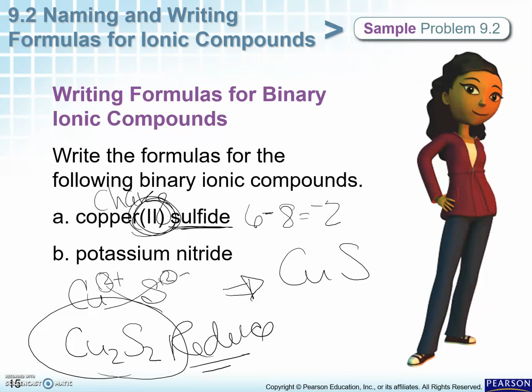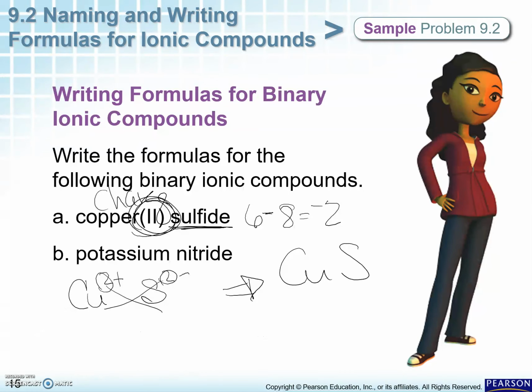Now let's look at potassium nitride. That would be, let's give us a little bit more space here, so I'm going to erase this one. So we have potassium, which is K+, and nitride, which is N3-. Again, nitrogen is in group 5, minus 8 would give you that -3. That's where that comes from.